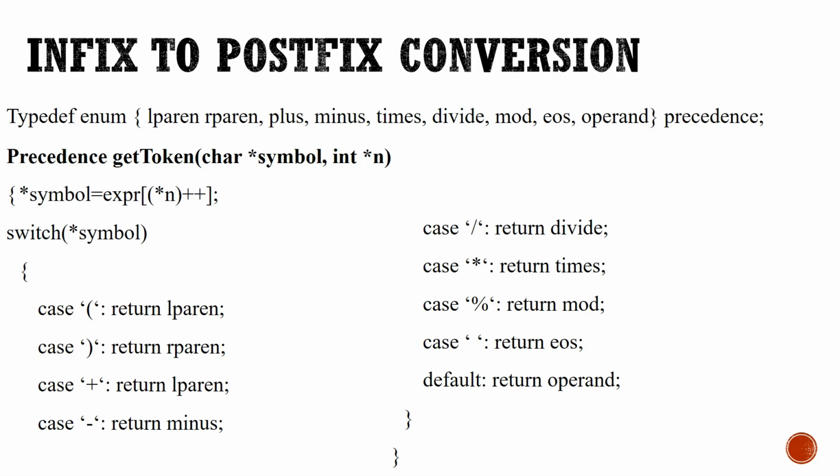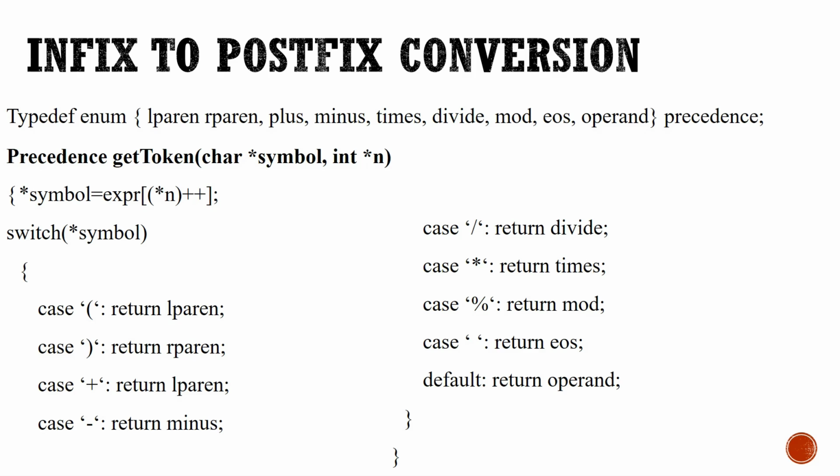In the get token function, we are going to return the precedence. It's an enumeration over here. Enumeration is one way of assigning constants: left parenthesis will be assigned 0, 1, 2, 3, 4, 5, 6, 7, and 8.